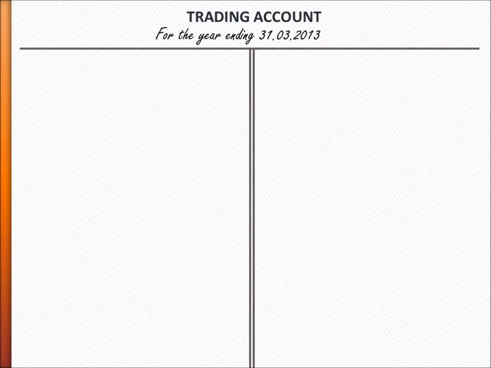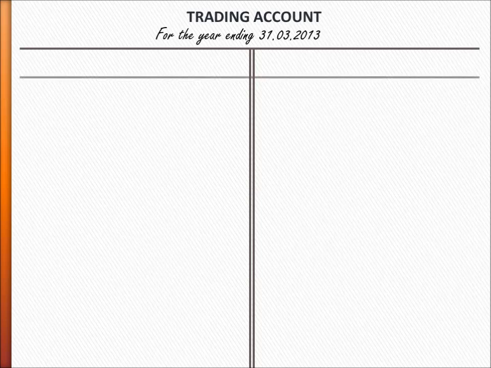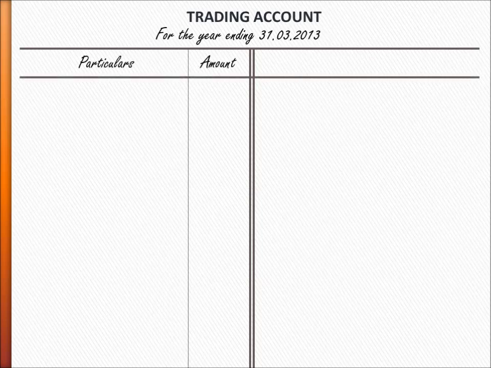Not always, basically there are different presentations of making a trading account, but we will make it only in T shape. When you create the T, you get two portions, left hand side and right hand side. On the left hand side the columns will be particulars and amount, and on the right hand side, particulars and amount.